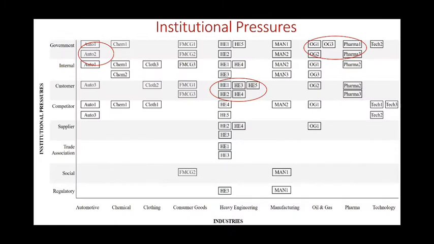So when we looked at these pressures across these various industries, we began to see some clustering around industry. So for example, government pressures, you can see there at the top, the auto industry complained a lot about government interference in markets in terms of building up stock and making sure that they could keep their just-in-time supply chain running.